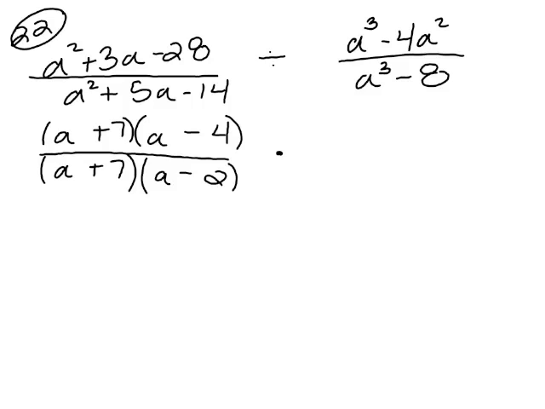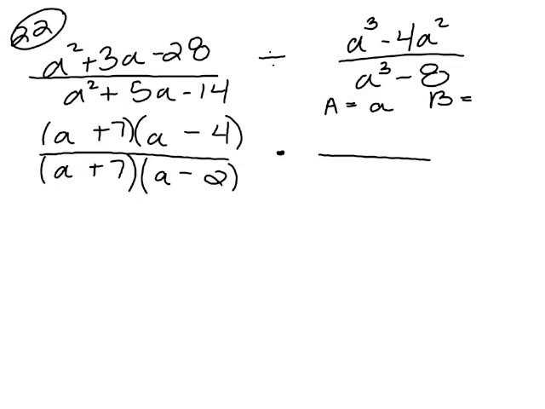Okay, remember then we flip over those terms and multiply. So on the top, I'll really have a cubed minus 8. That's a perfect cube. Remember we talked about that last time? So we would need to identify our a term and our b term. So the cubic root of a cubed, so my a value is going to equal the little a. And then the cubic root of 8.